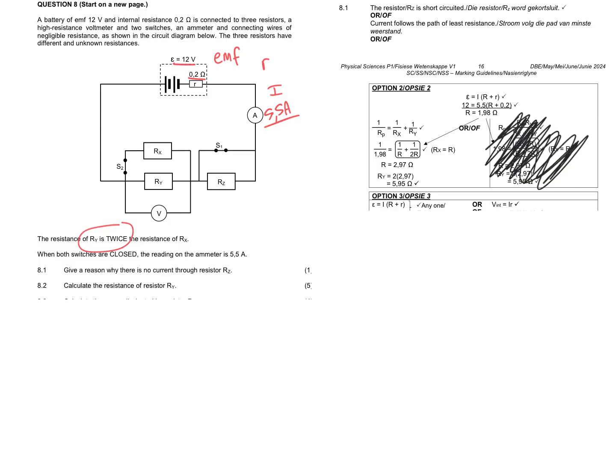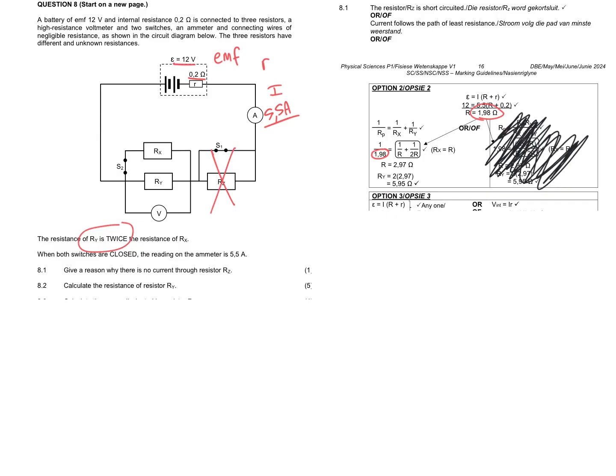So in this formula, we have the 12, we have the 0.2, we have the 5.5, which is the current, so we can work out capital R, which is the total resistance. And you can see here that number goes in the place of R parallel because this resistor theoretically isn't even happening because of the short circuit.